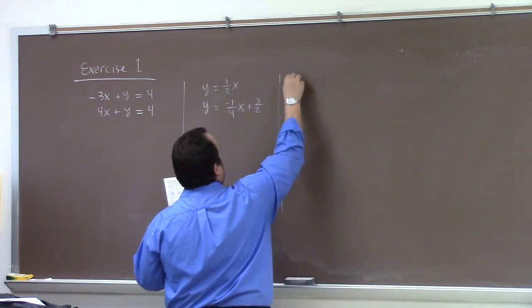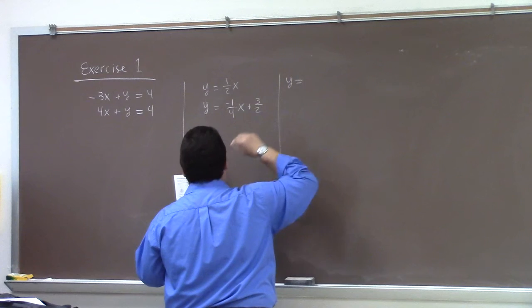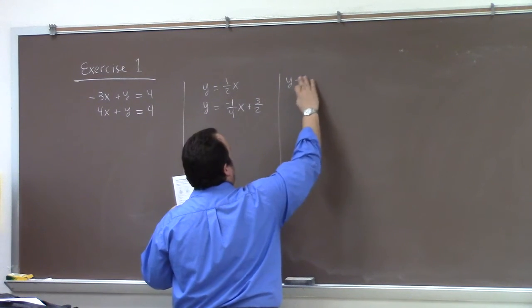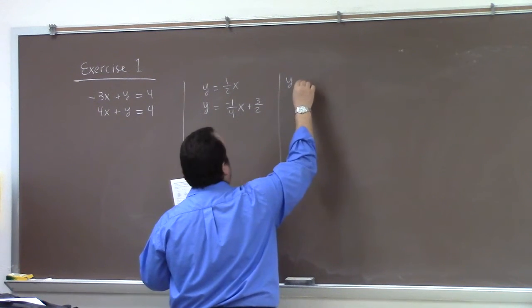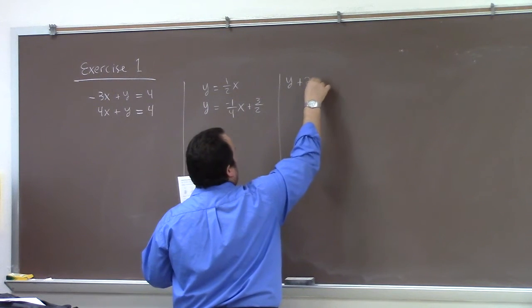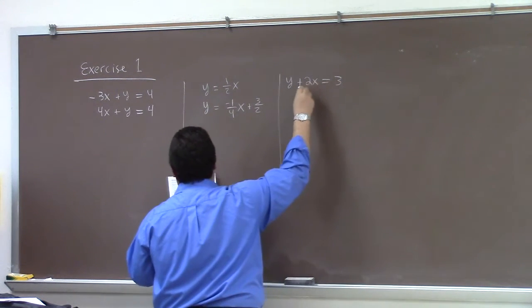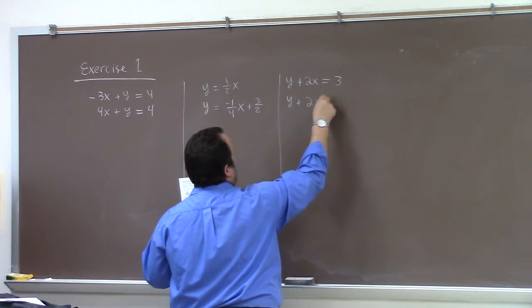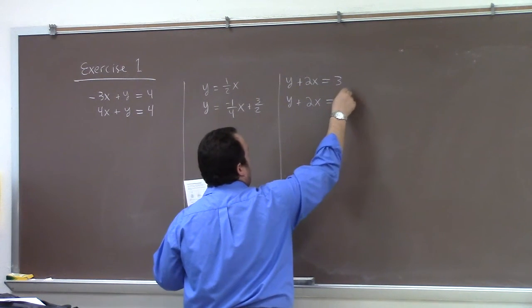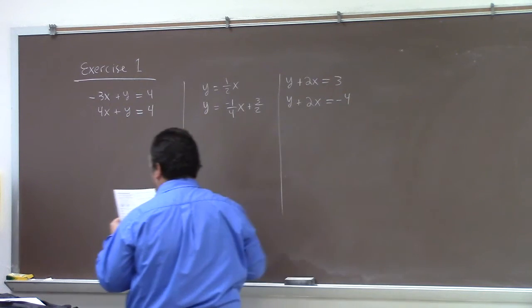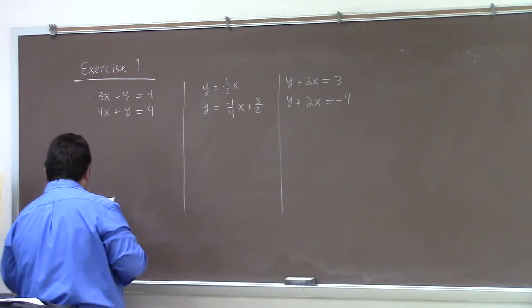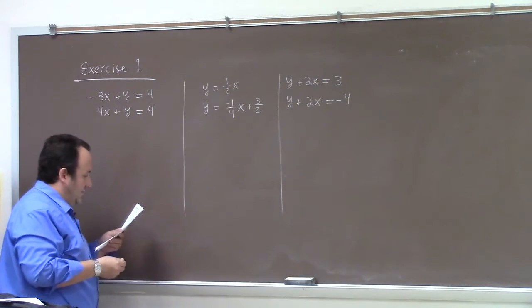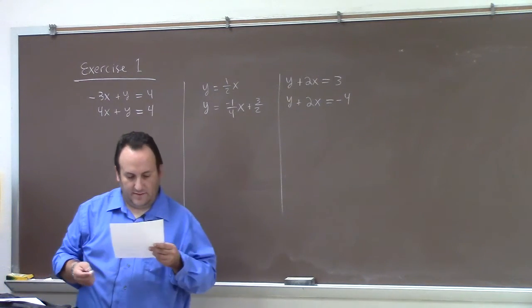And they give us y plus 2x equals 3, and y plus 2x equals minus 4. All right. And we're supposed to classify the equations below as dependent or independent.